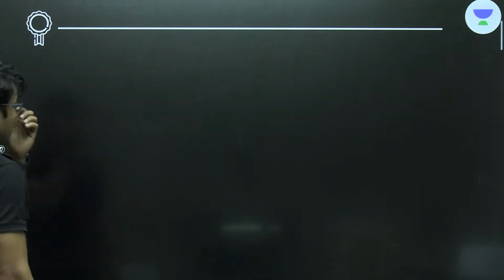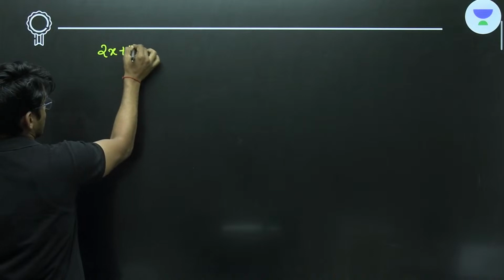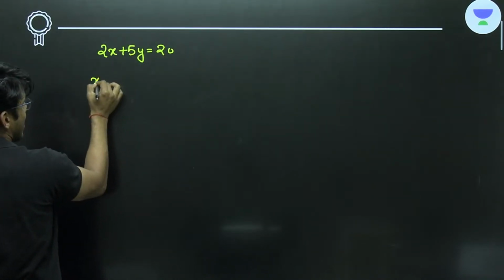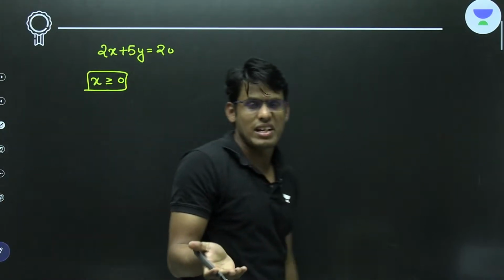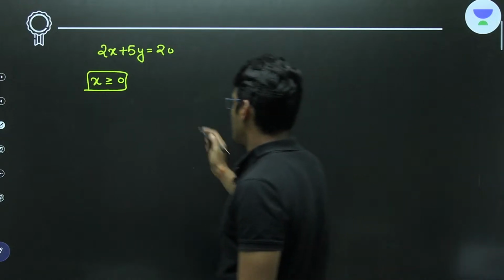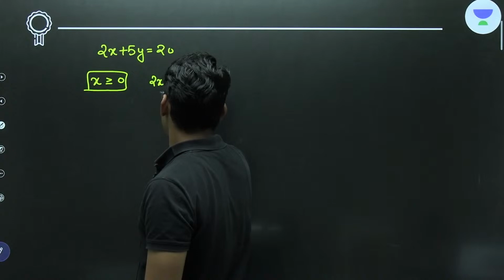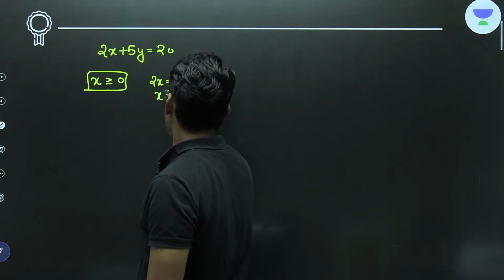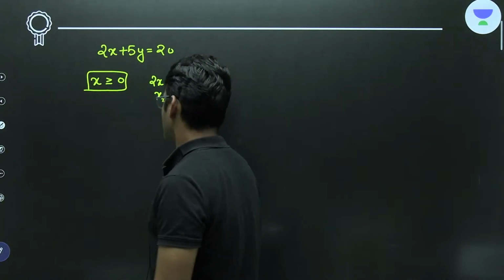Okay, perfect. Now let's see again. Let's establish certain things. I have x greater than or equal to 0. This is a very simple but important thing, because x is a natural number, so x has to be greater than or equal to 0. Let's write x in terms of y. So I have x equals (20 minus 5y) upon 2.